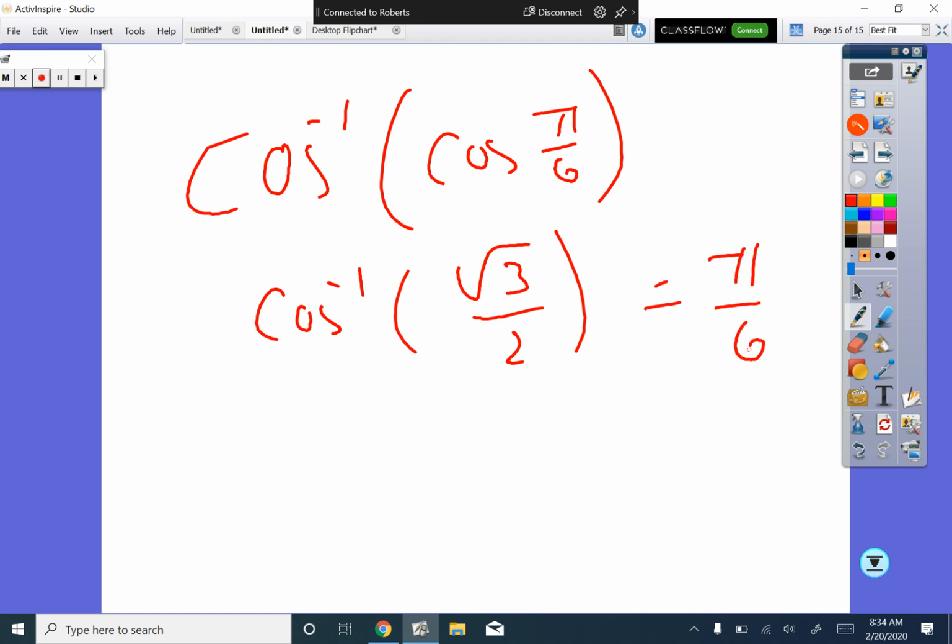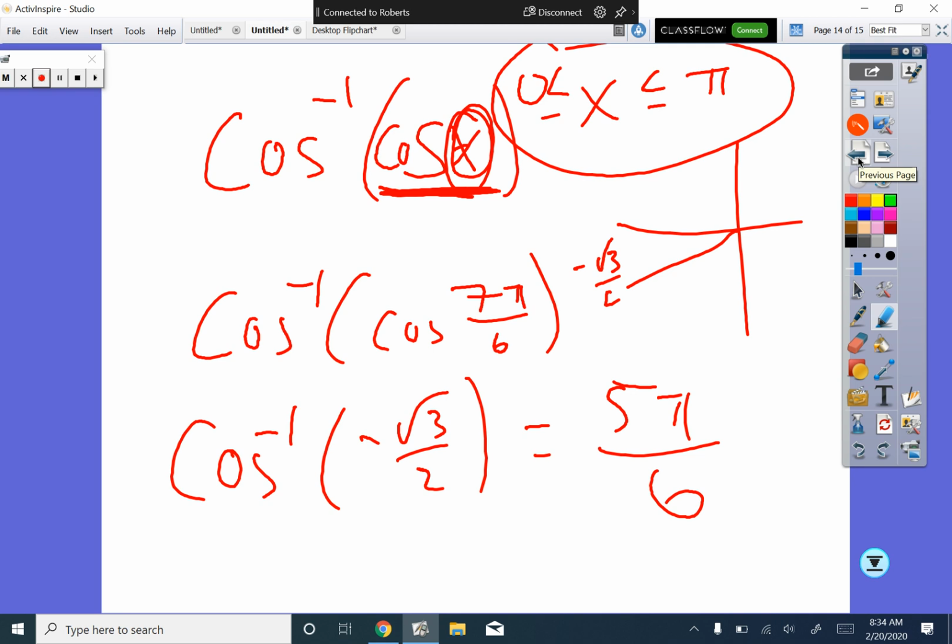Pi 6. Now notice once again, this angle was within our restrictions, between 0 and pi. So what does the result come out to be? Notice, did I get exactly the same angle, or is it from a different form, because it's in a different quadrant?